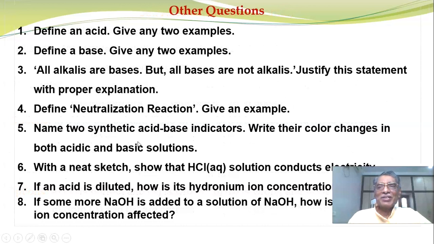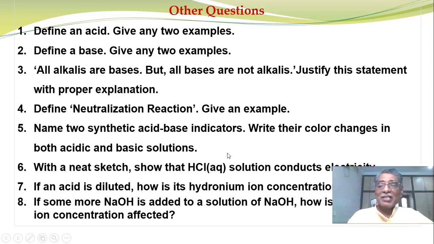Other questions. Define an acid. Give 2 examples. Define a base. Give any 2 examples. Question 3. All alkalis are bases, but all bases are not alkalis. Justify the statement with proper explanation. 4. Define neutralization reaction. Give an example. 5. Name 2 synthetic acid-base indicators.